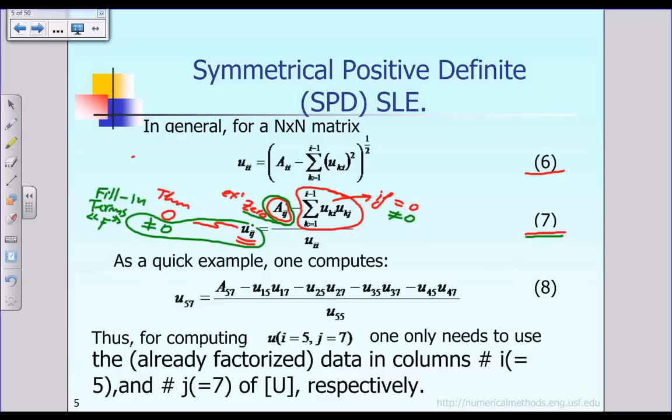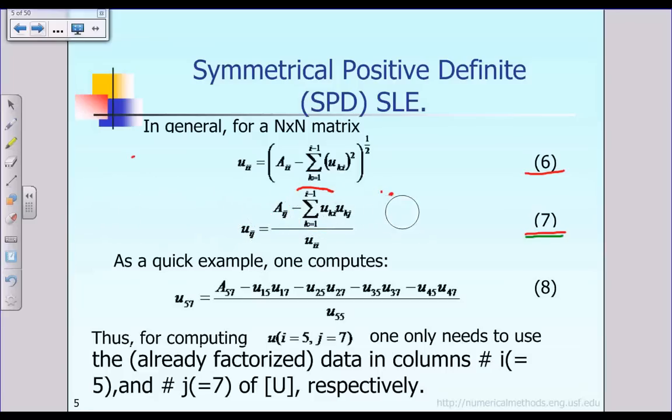So let's take a look at a quick example that will help us understand how to use equation 6 and equation 7 to find the factorized matrix. Take a look carefully at equation 7. Suppose I want to calculate the value of U57. Basically it means i is equal to 5 and j is equal to 7.